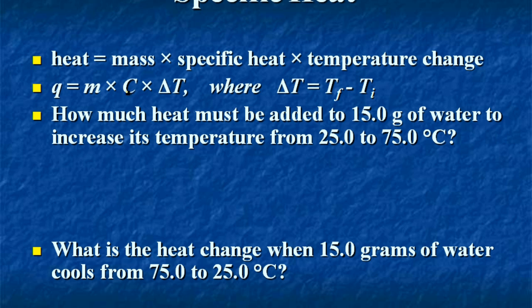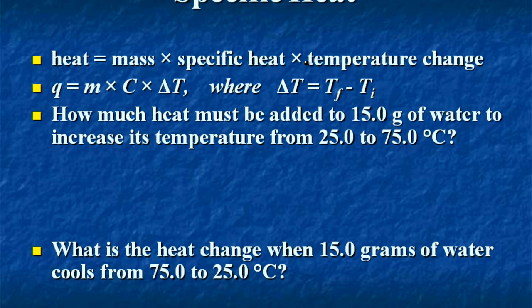But usually C represents specific heat, capital letter C. So remember this equation, there will be a question in your exam using this equation. Okay? Q is equal to mc delta T. Q stands for the heat, m stands for the mass, c for specific heat, delta T represents the temperature change.